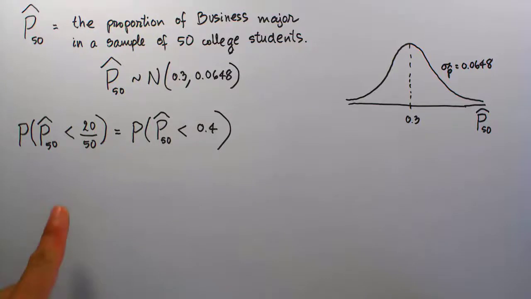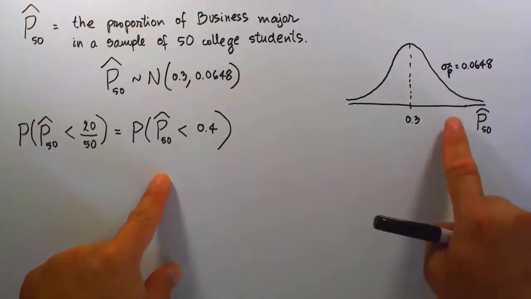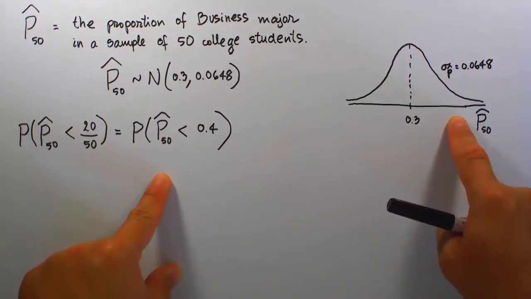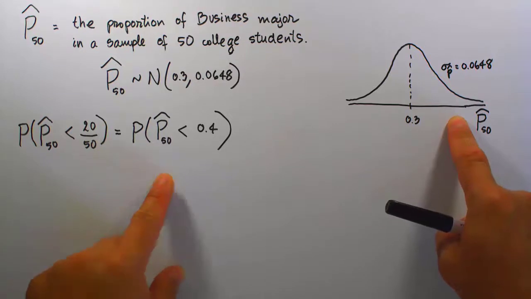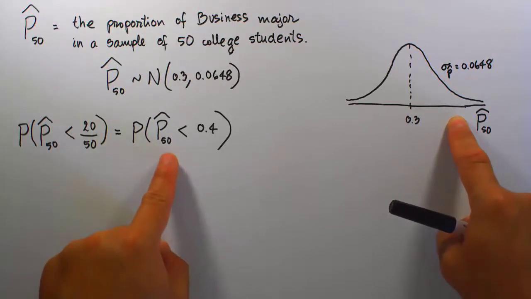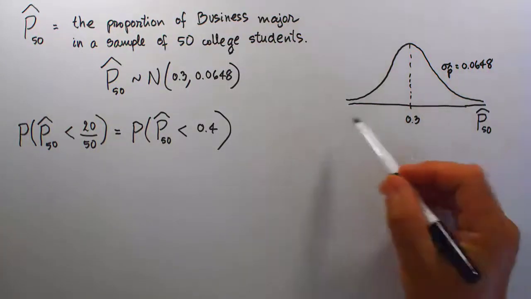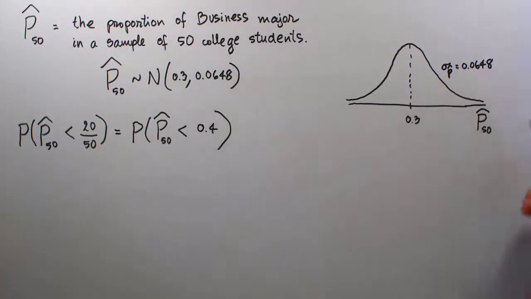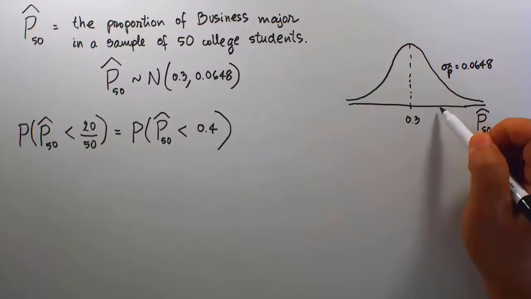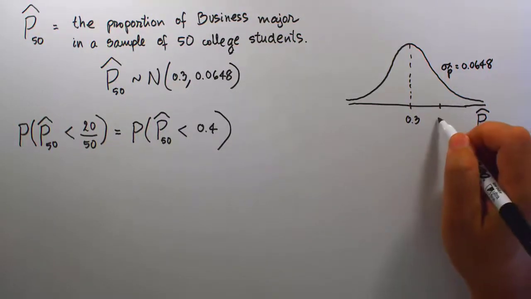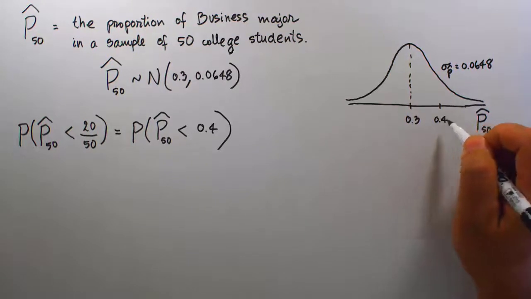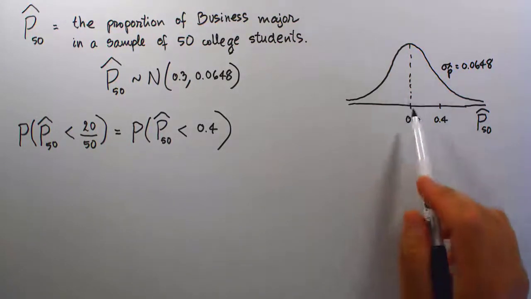And now the entire reason for laying down this foundation is that the only way we can find this probability answer is to look it up on this bell curve right here. So 0.4 is a value somewhere to the right-hand side of the center on this bell curve.